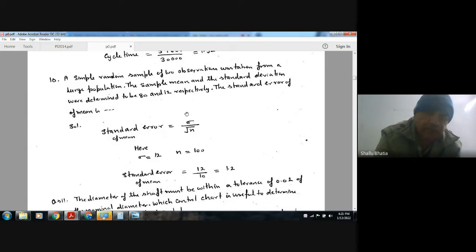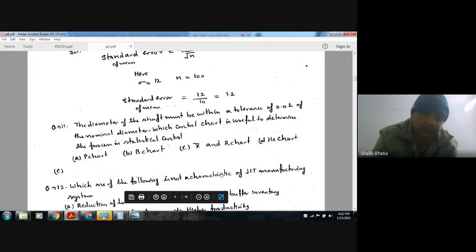So the sample size n is 100, and the standard deviation is 12. So it will be 12 by root of 100, okay, so 12 by 10. So the answer is 1.2.